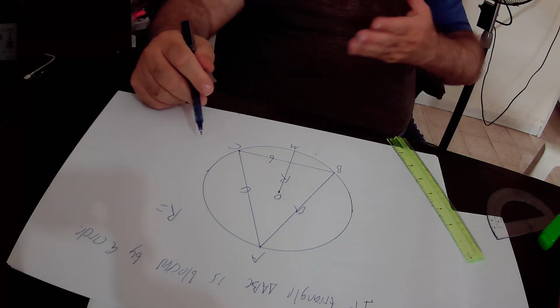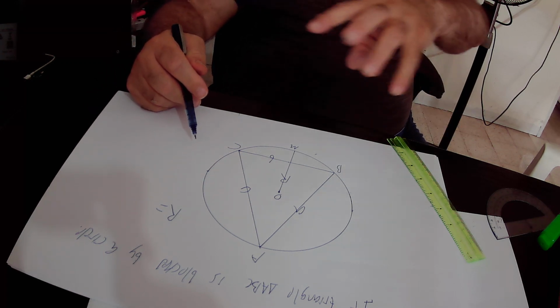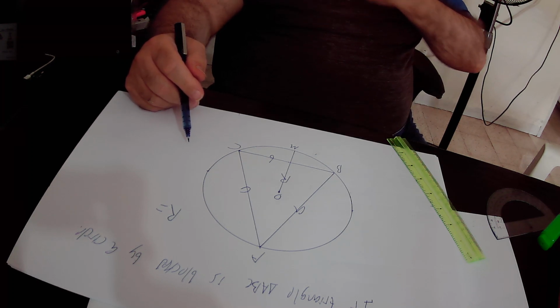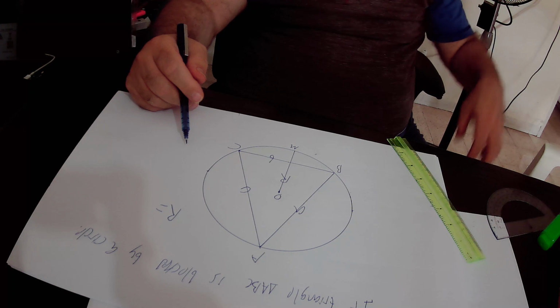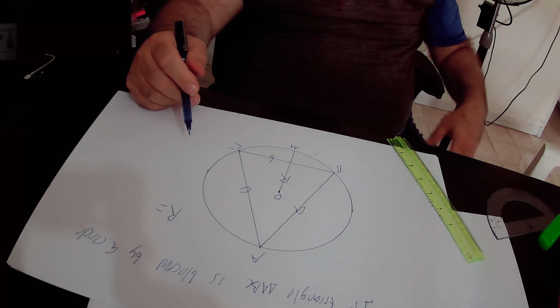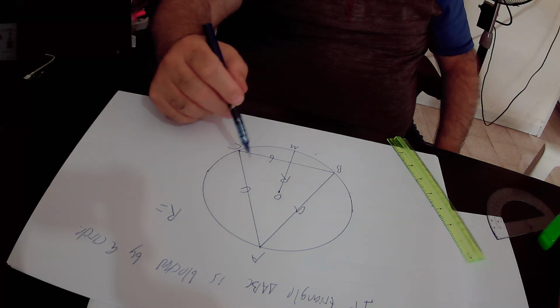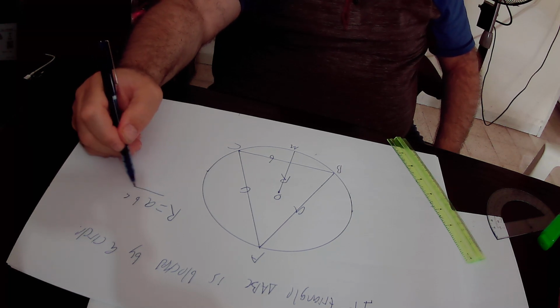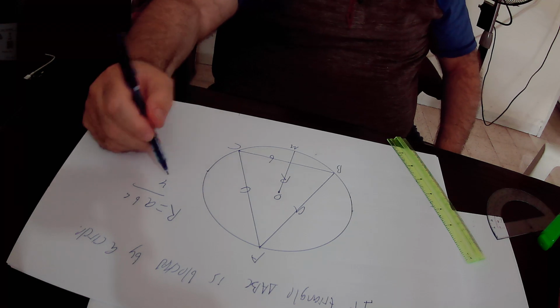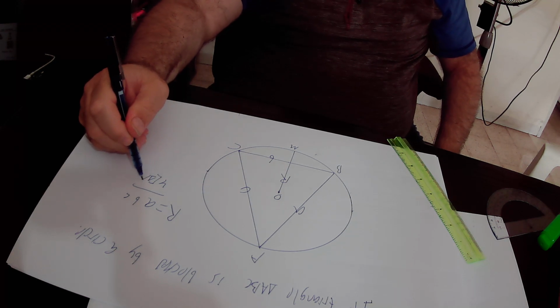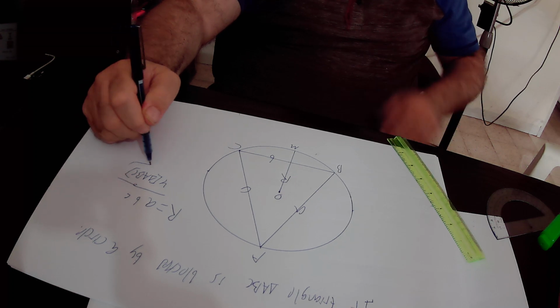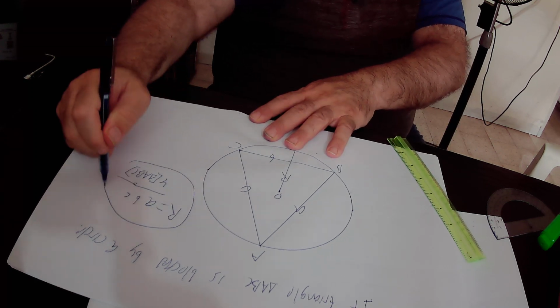So the radius of this circle, capital R, that blocks the triangle will be equal to the multiplication of the side lengths of the triangle by each other, that is to say A times B times C, over 4 times the area of this triangle ABC. Okay?